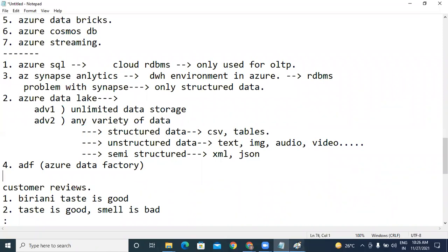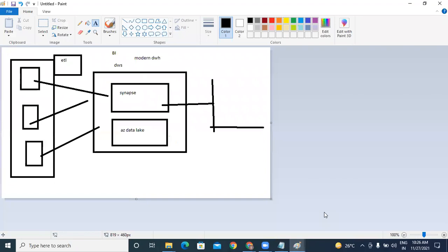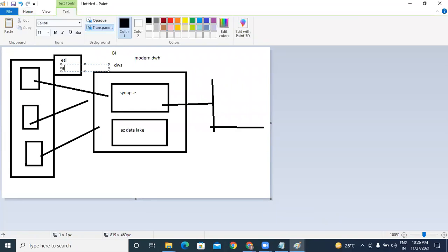Now come back to your picture again. Just imagine your work area. I'm keeping your work area in the position of ETL, ADF. Now what is your work? My old OLTP data is in Oracle for some applications, DB2 for some applications, but some applications already migrated into the cloud.